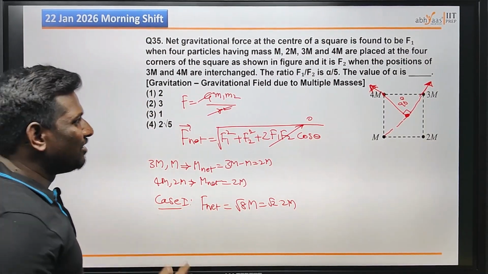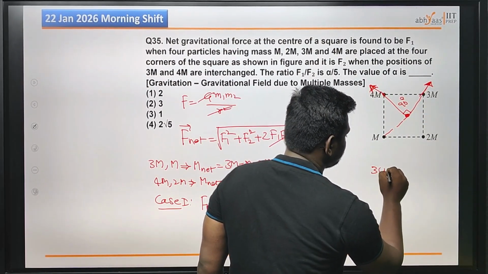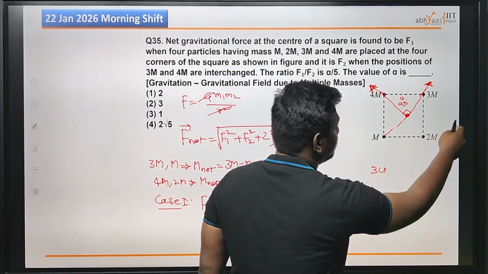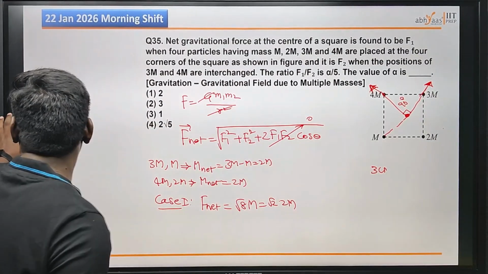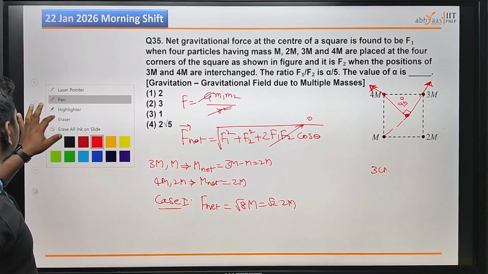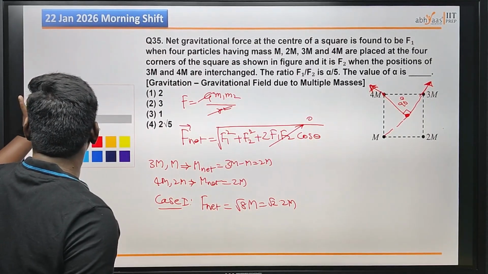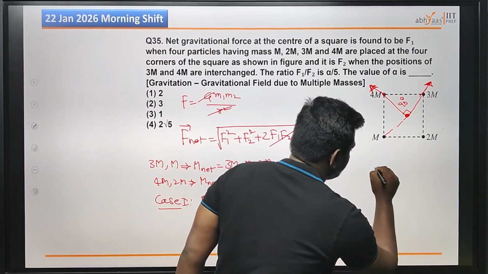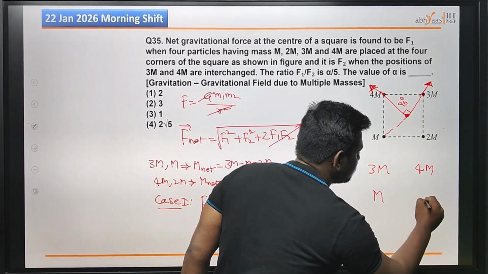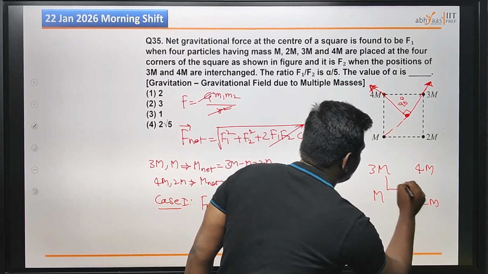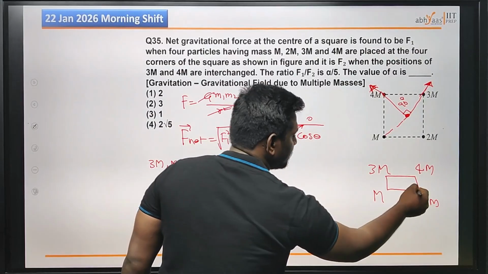If 4m and 3m are interchanged, take it as 3m here, 4m, m, 2m. So the force is acting diagonally. So this is the condition.